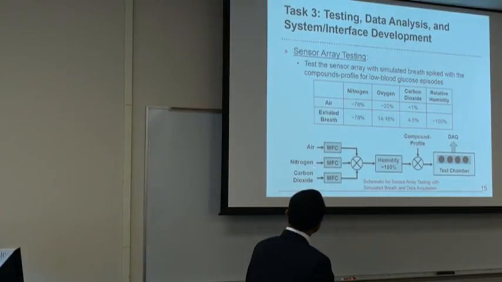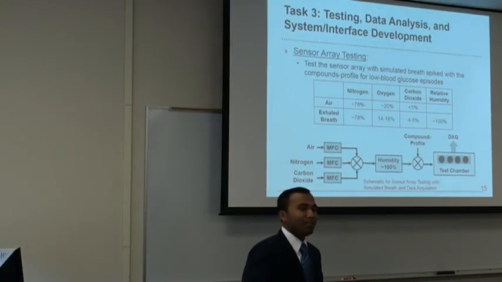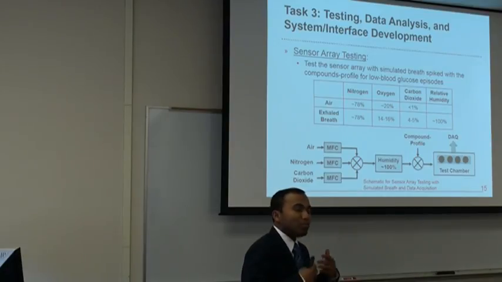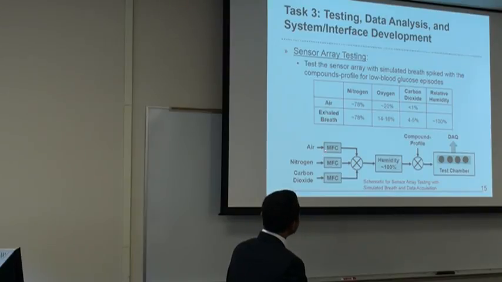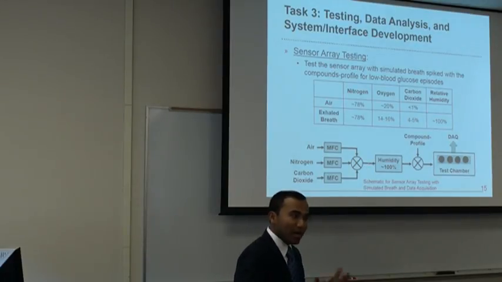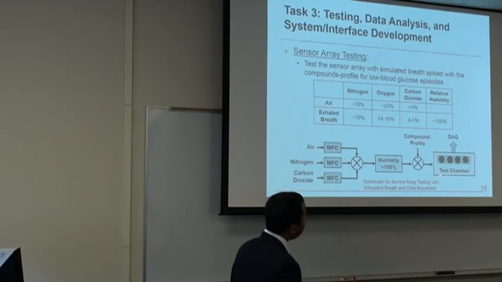So we're going to simply create a simulated breath, and as I mentioned before, it's basically a little bit more carbon dioxide and less oxygen than the air. So you take air, add nitrogen and carbon dioxide, and add humidity to it, since our exhaled breath is close to 100% humidity, and put it in a test chamber and have the sensor array collect the data.